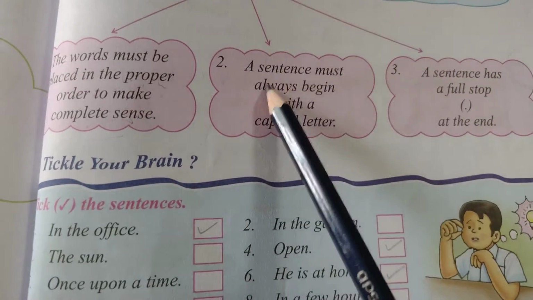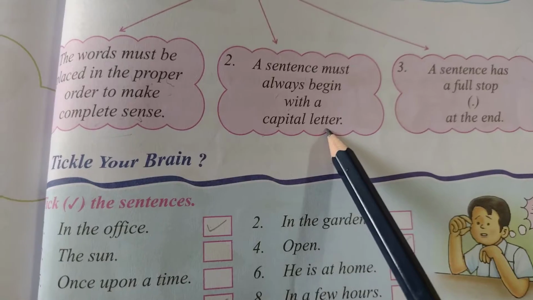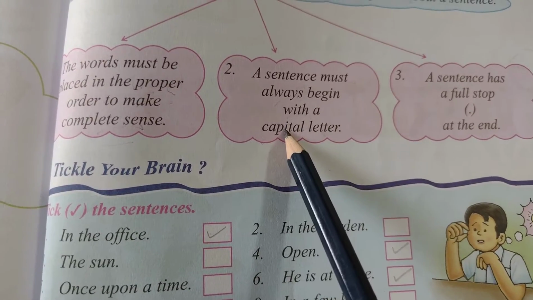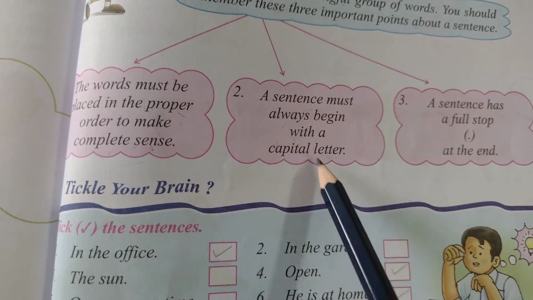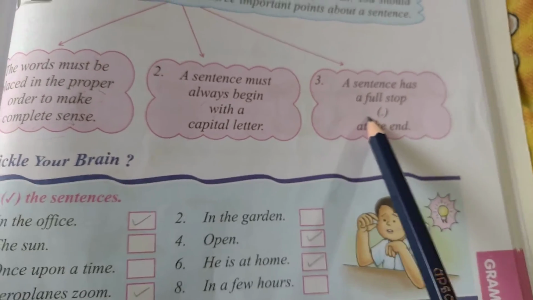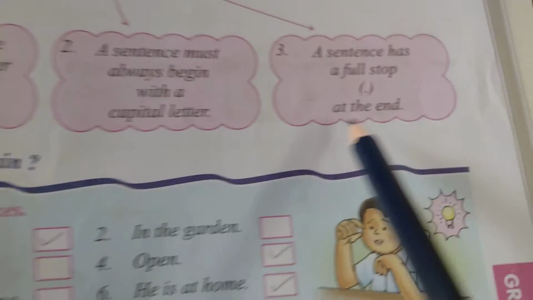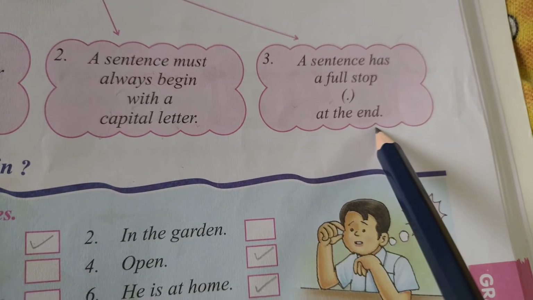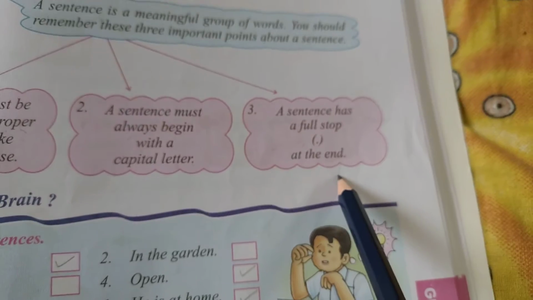Next point, a sentence must always begin with a capital letter. Whenever you start writing, beginning of a sentence should be a capital letter. Now, the third point is a sentence has a full stop at the end. You have to make a full stop at the end of each sentence.